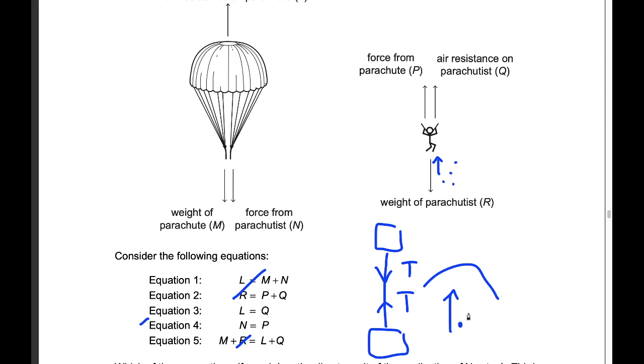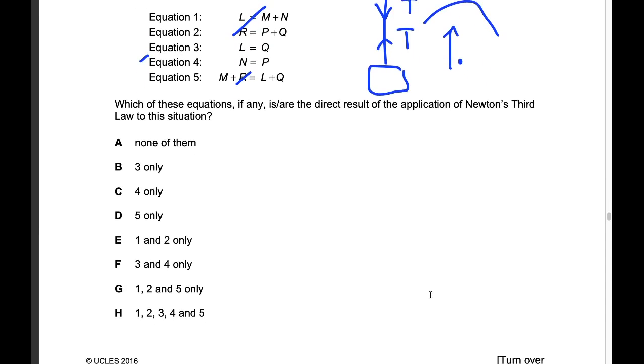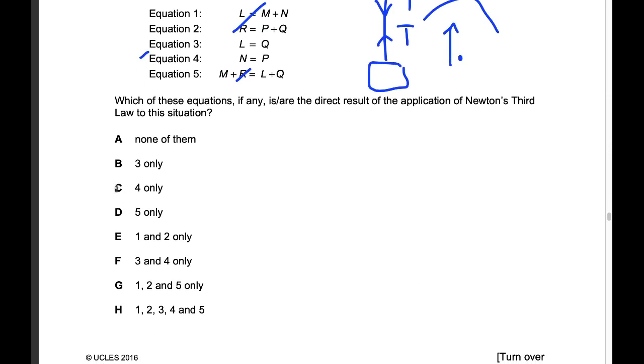So that's what I mean by of the same type. If this is a weight, if this is a force of gravity, this has got to be a force of gravity on the planet, attracting it towards the parachutist. Okay, so the answer is only 4 only.